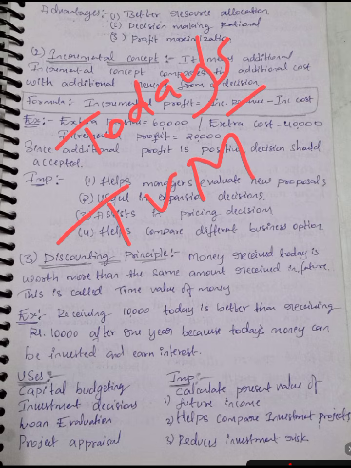Directly or indirectly, we can earn additional amount from that money. If we receive the same amount after 2 or 3 years, the value of money decreases. This is the main concept: money received today is worth more than the same amount received in future, which is called the time value of money.